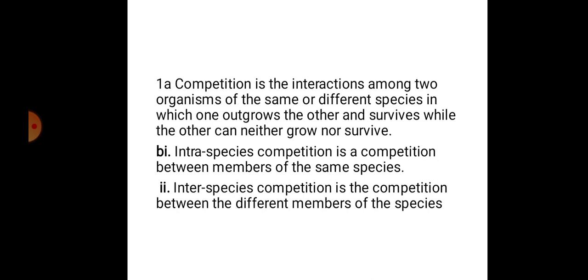Different members can be maybe lion and zebra. They compete, but the other one will outgrow the other. So the other one can either survive or die. So those are the examples of interspecies competition.